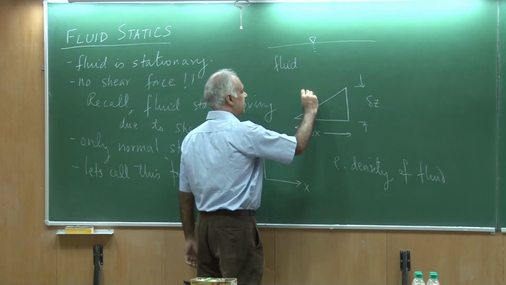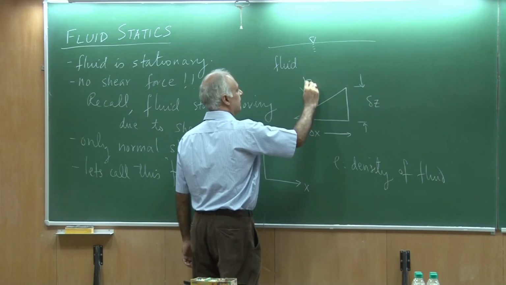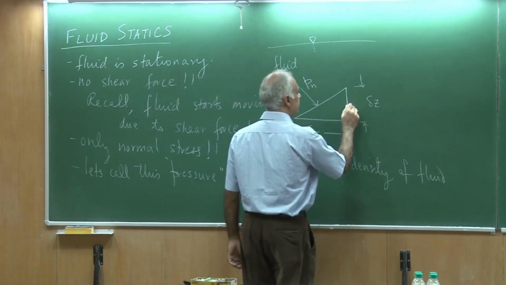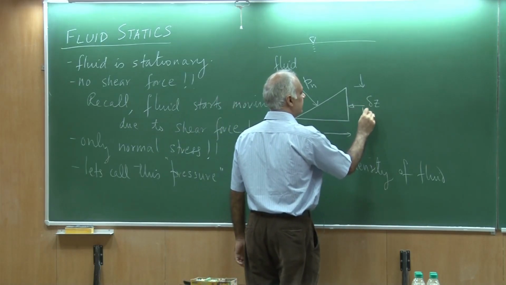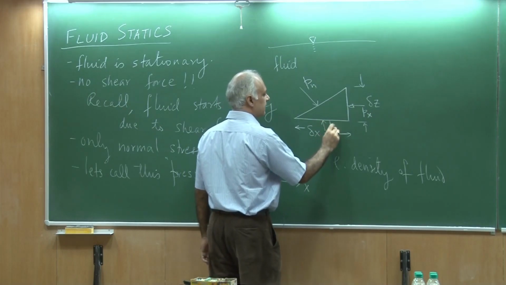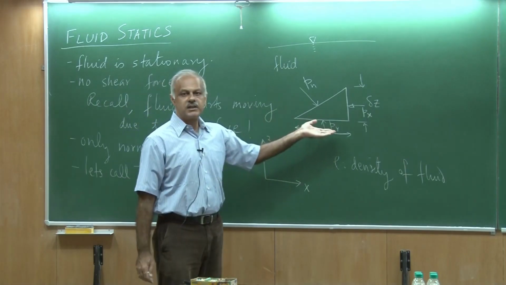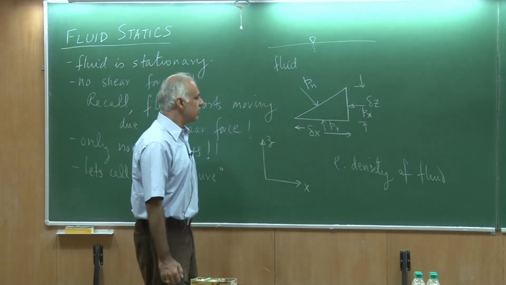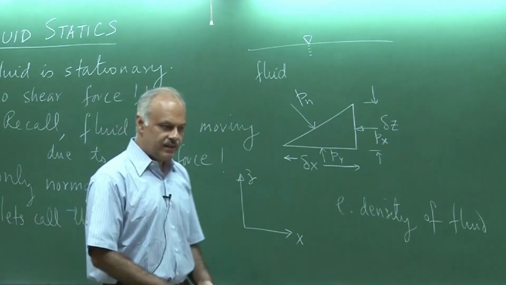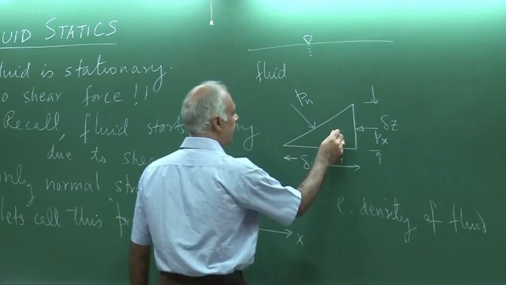Let us say there is a pressure on this which I called as Pn, and there is a pressure here which I called Px, and on this face the pressure is Py. So, of course, these are distributed pressures, but I have just shown you with one arrow not to clutter this diagram. This is also going to have a weight.